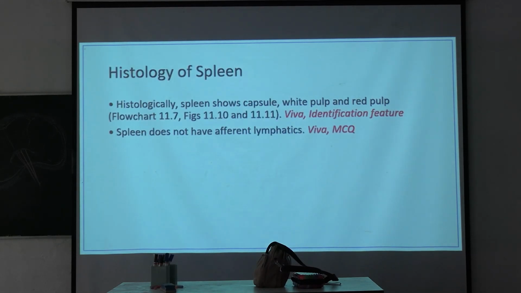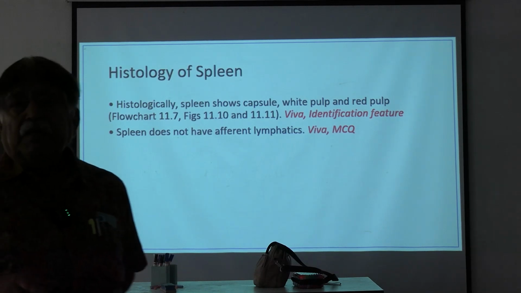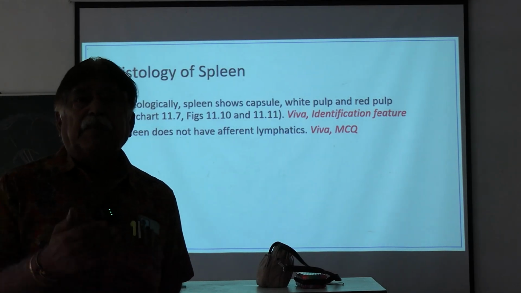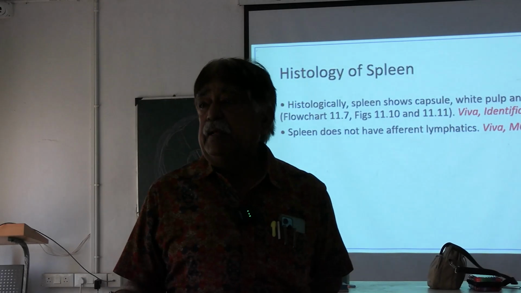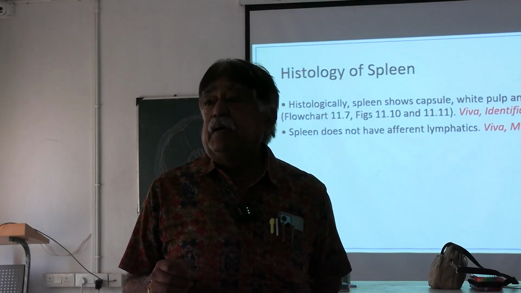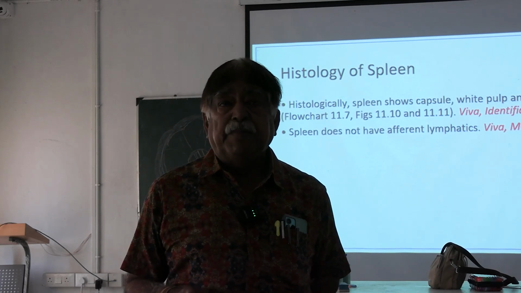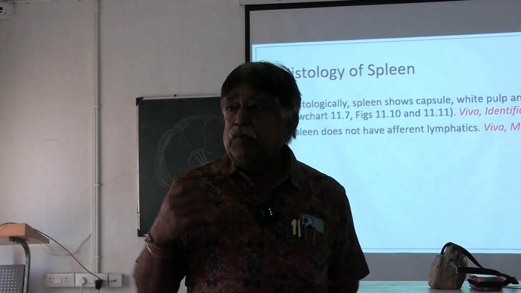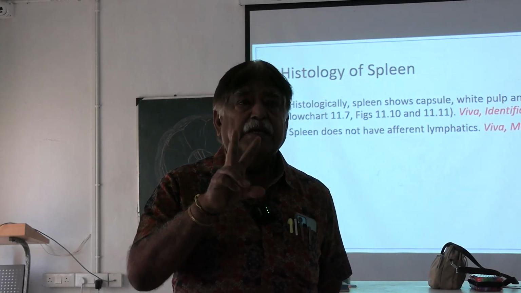Now, histologically, spleen shows capsule, white pulp, red pulp. These are the identification features. Now, when 5 slides are given, naturally one slide can be kidney and the 4th slide can be your spleen, so you have to differentiate and identify.